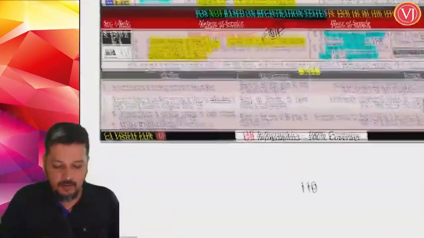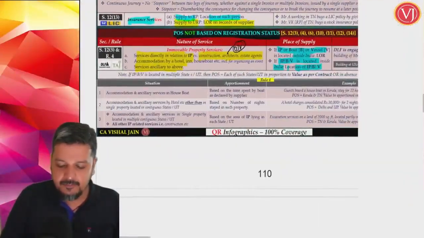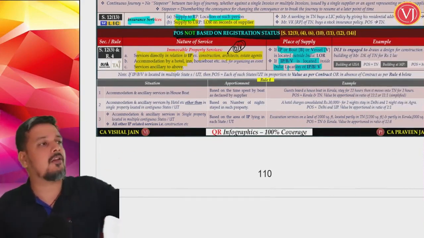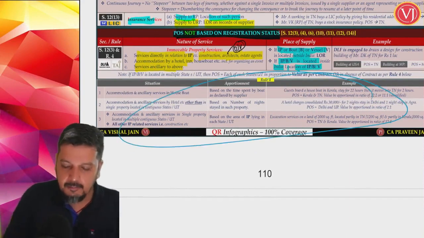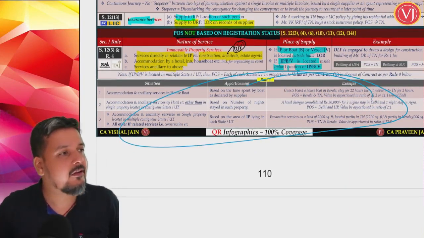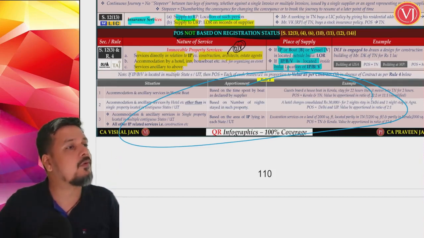It is also there when you talk about immovable property. Supposing I am designing rooms for Taj Hotel, not only in Delhi but also in Mumbai. So I'll get multiple answers. Logically, I have to segregate in terms of rule 4.